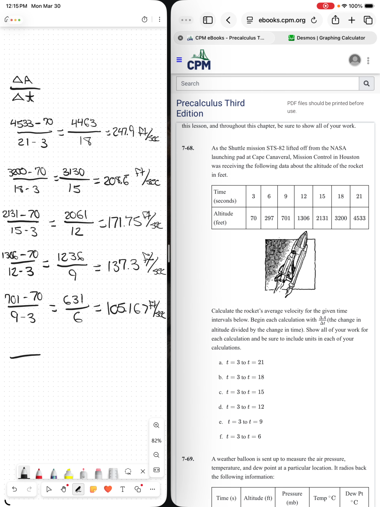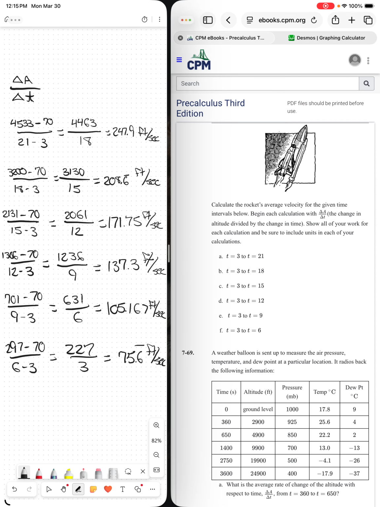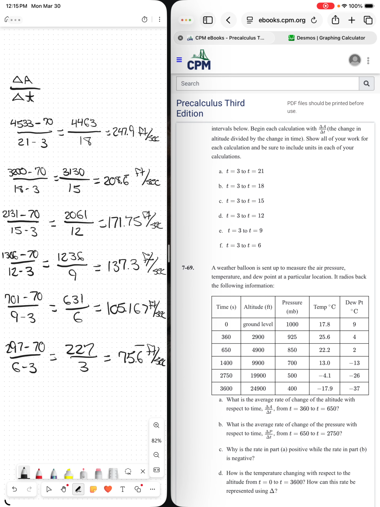And then the last one here, we'll go 3 to 6. So this is 297 minus 70. That's 227 over 3. And that would be 75.6 feet per second. Okay, so again, you're just calculating slope over and over, right? Or average rate of change in this case.